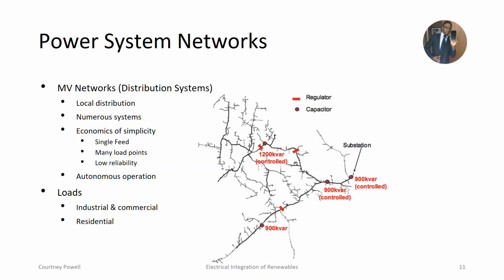It allows for autonomous operations, right? And when you look at loads, we did already discuss this. The loads are based on categories, whether it's industrial, commercial, or residential loads, right? And this here just gives you an idea of what a typical distribution network looks like in a geographic representation.